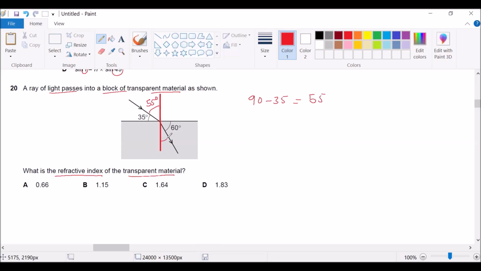And there the angle of refraction is 90 minus 60, which is 30 degrees. Now refractive index N is equal to sine I over sine R, which is sine 55 over sine 30, which is 1.64, which is C.